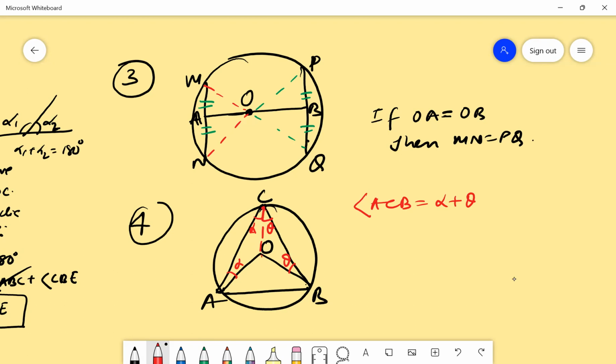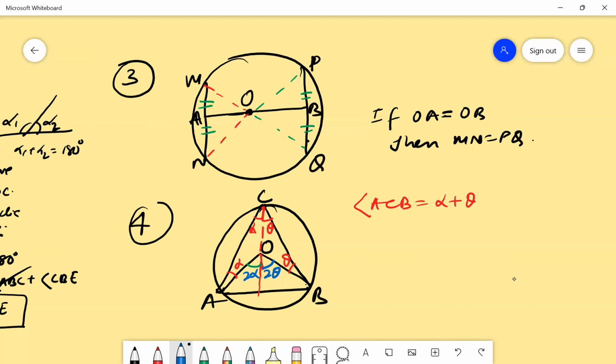Now extend this. Now this angle made by green and this angle by blue. This green one will be 2 alpha. Why? Because the sum of interior angles is equal to the exterior angle, and 2 alpha is exterior for angle A and angle C. Similarly, this 2 theta is exterior angle for angles OCB and OBC.